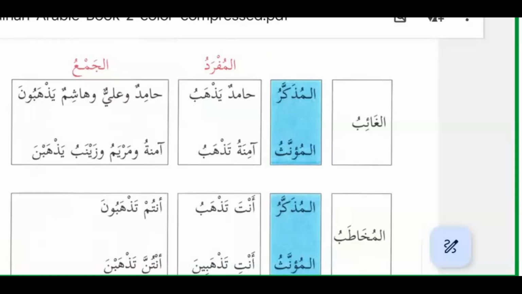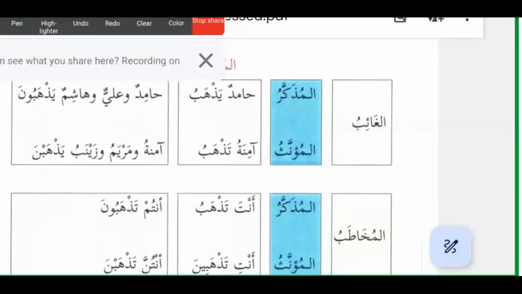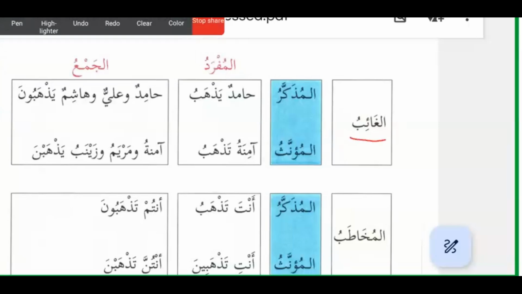And then on the right hand side we have al-ghaib, which means third person. If we are talking about someone who is not in the conversation, we call it ghaib, that's the third person.